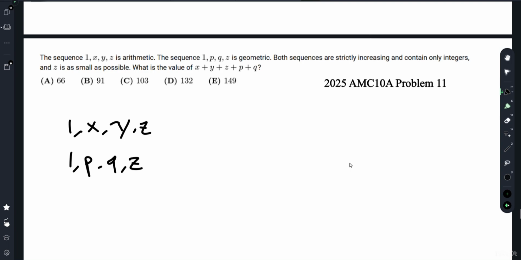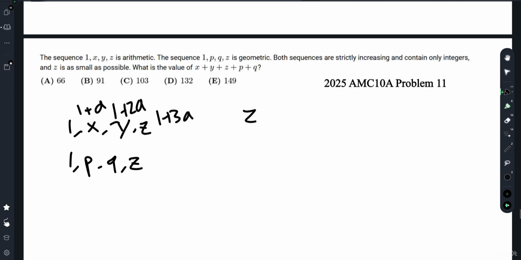Well, we know 1, X, Y, Z is arithmetic, and we know in an arithmetic sequence, there is a common difference between the terms. Let's set this difference to be A. If the difference is A, then that means X must be 1 plus A. That means Y must be 1 plus 2A, and Z must be 1 plus 3A.